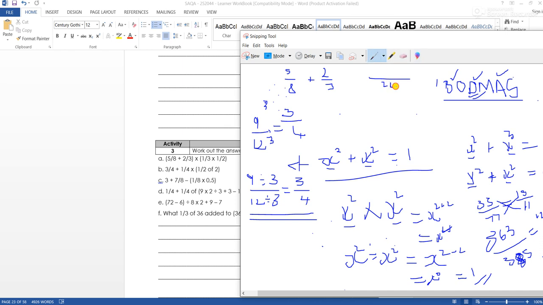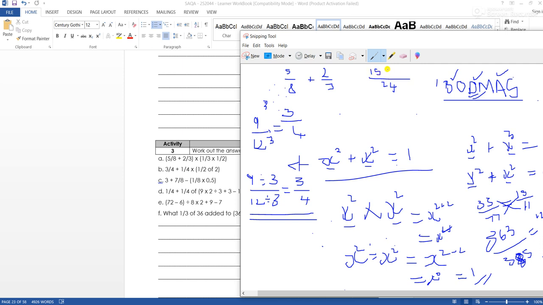So we've got 24. What we need to do, we'll say how many times does 8 get into 24? No, 24 divided by 8, sorry. We need to say 24 divided by 8, it will give you 3. Then 3 times 5, it's 15.